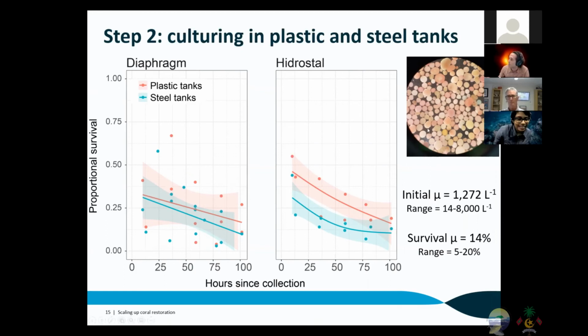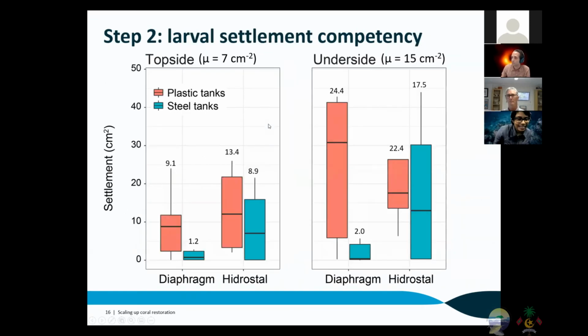You can see from this small microscope image on the right-hand side that we had a full diversity of gametes of different coral types in our cultures. And our final question was, could we culture these larvae on vessels till settlement competency? And yes, we can. We had extremely high settlement rates.